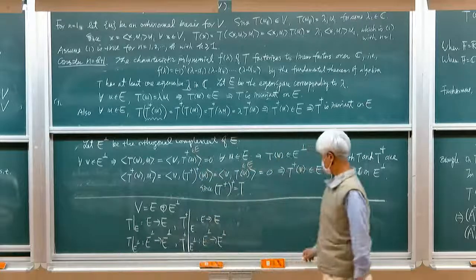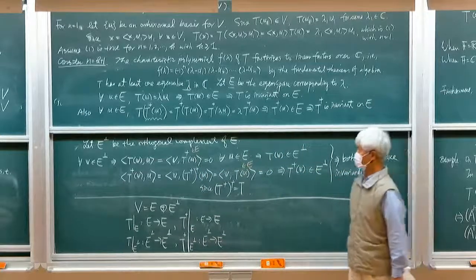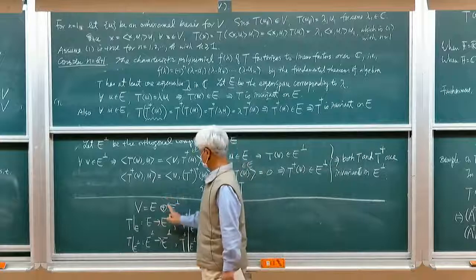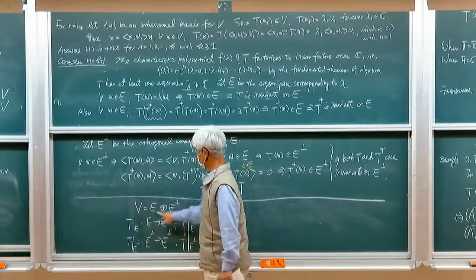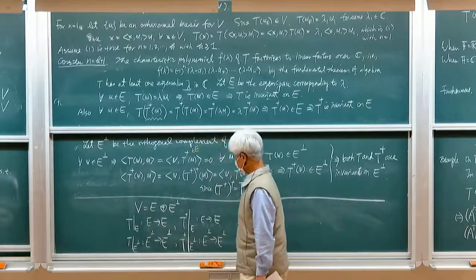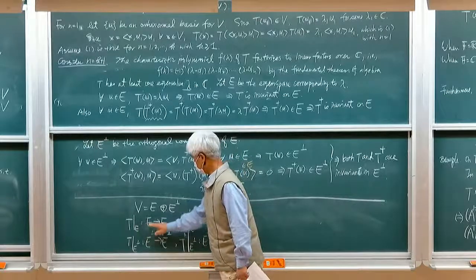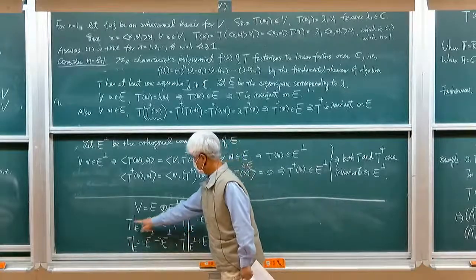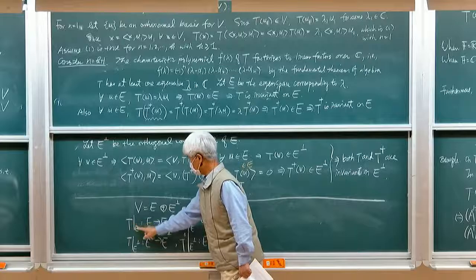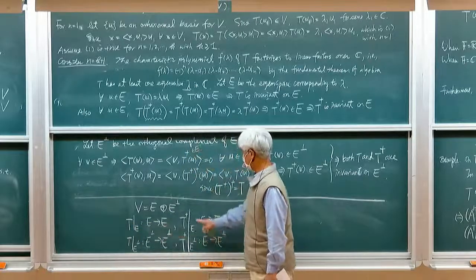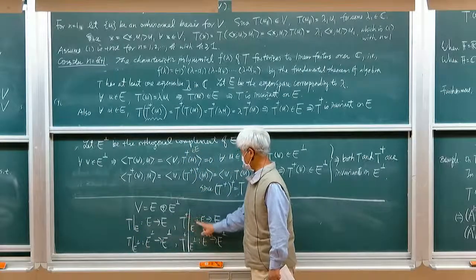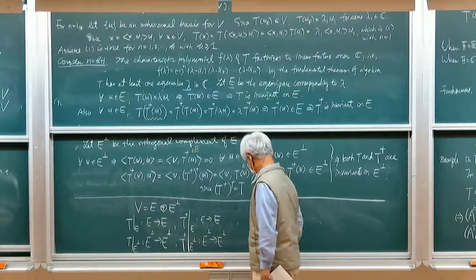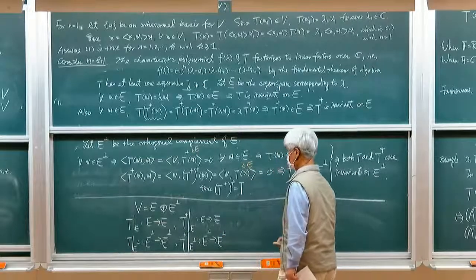So we have this decomposition and the invariance, so the restriction of T on E is a linear operator, and the restriction of T dagger is also a linear operator.